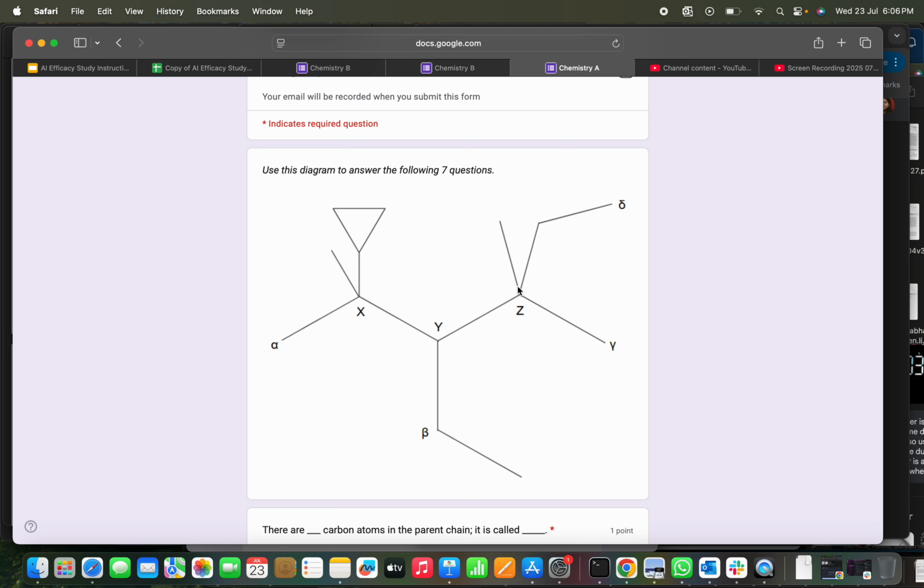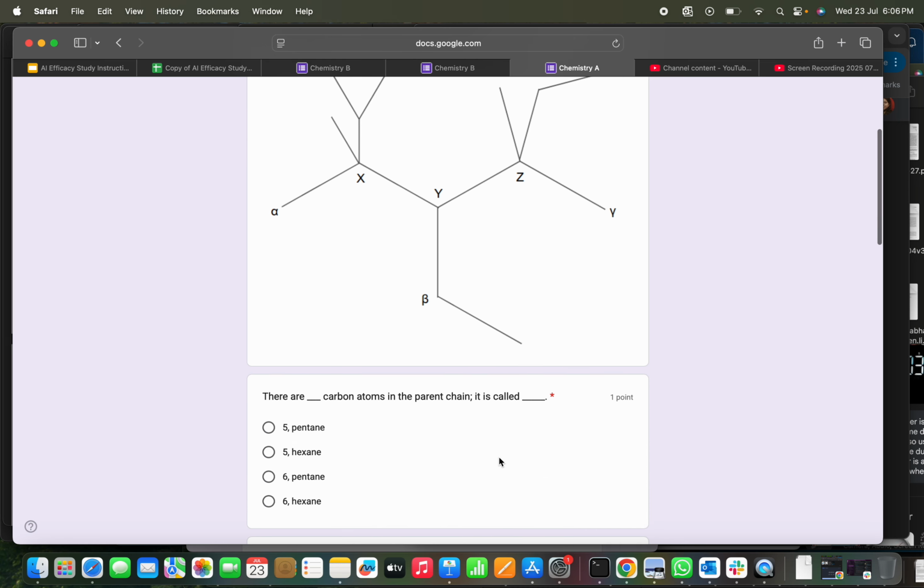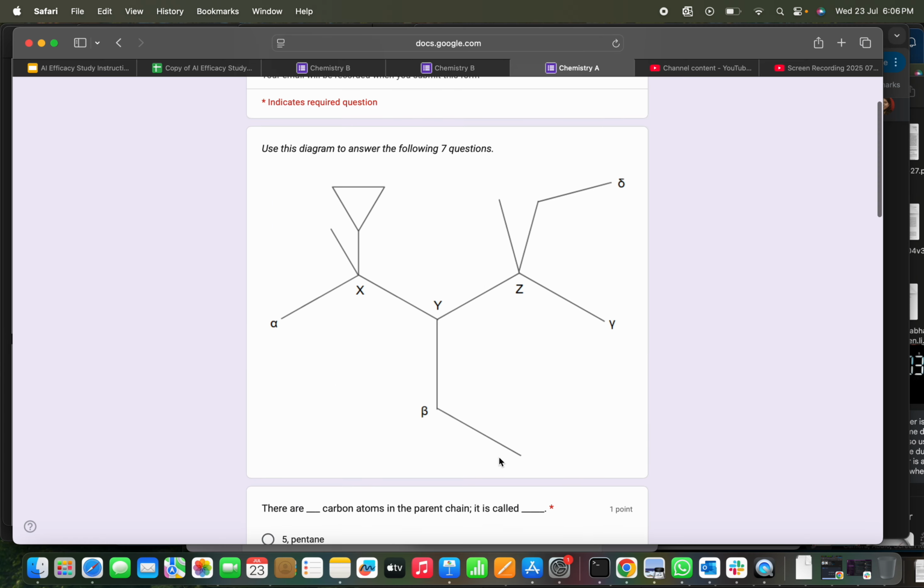So the first bonds are coming here. I think from alpha it will start. 1, 2, 3, 4, 5. No, this won't be. 2, 3, 4, 5, 6. 1, 2, 3, 4, 5.